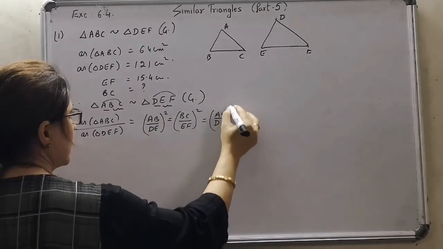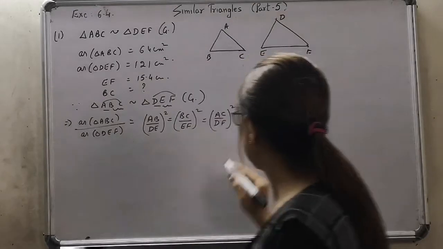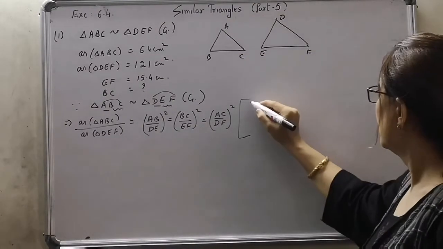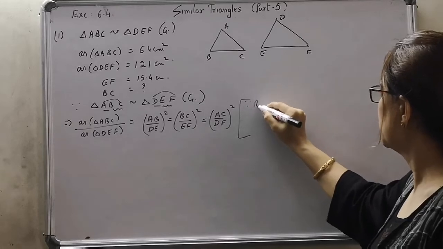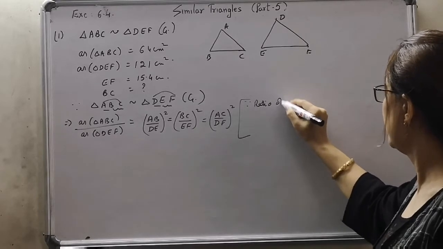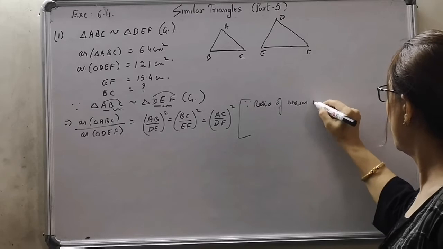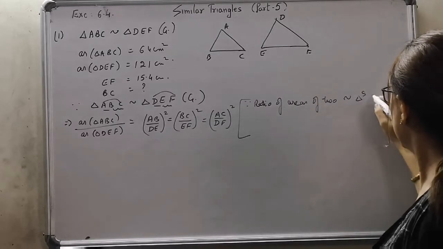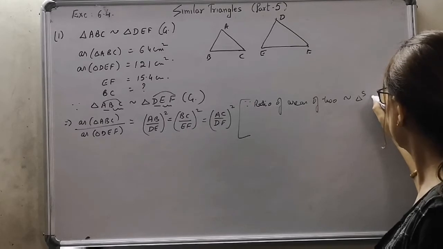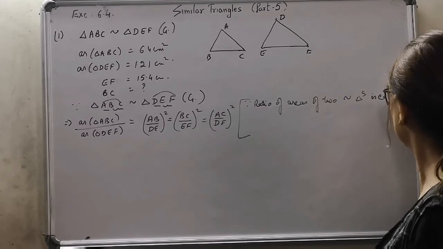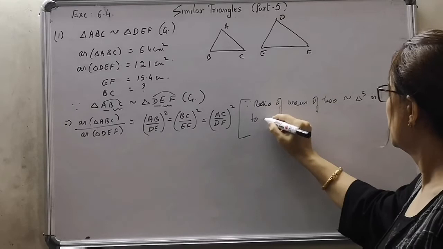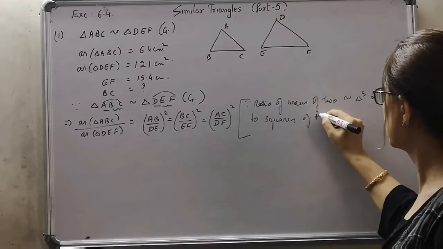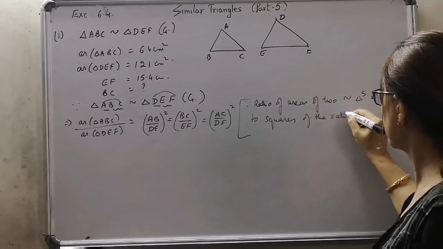And we have to mention the entire theorem, the result of the theorem in words, because there is no name of this theorem in fact. And the reason is since ratio of areas of two similar triangles is equal to square of the ratios of its corresponding sides.